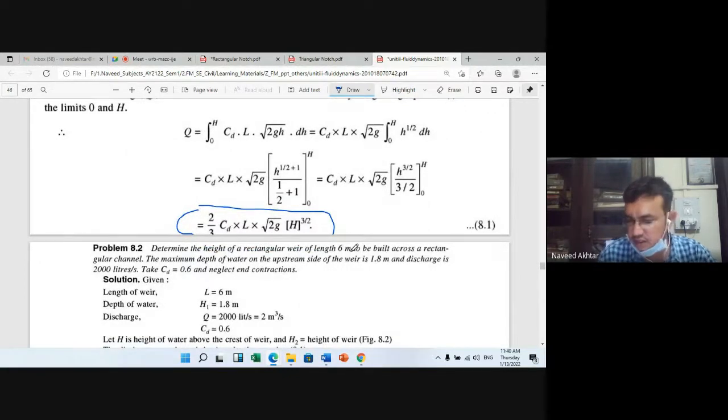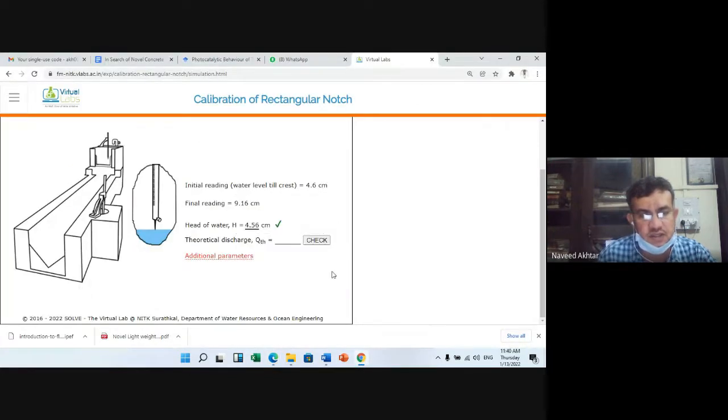Here the value of L is 15.1 centimeter, convert into meter, so that is 0.151 meter. And the height, you just now calculated, is 4.56. Now put all the values in this formula.